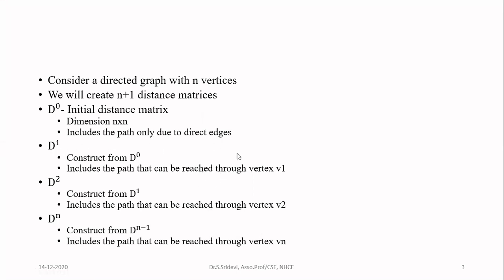D1 means the vertex V1 contributes to the construction of the matrix, D2 has the vertex V2's contribution, and similarly, Dn has the contribution of the vertex Vn in the shortest path. Whereas the matrix D0, the initial distance matrix, has only the direct edge between two different vertices. For all the matrices, the dimension is n cross n, where n represents the number of vertices in your graph.